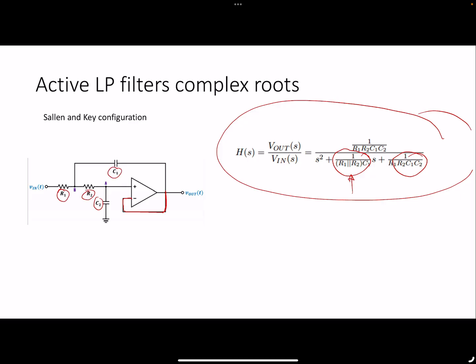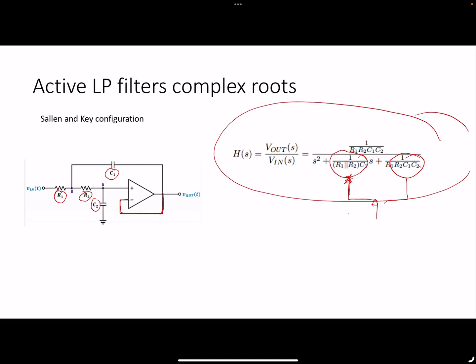Now, do realize that there are 4 free parameters, but you only care about 2 things, which are the linear coefficient of s and the constant coefficient. And so you can only pick 2 of the parameters however you want, because this expression is equal to this expression.